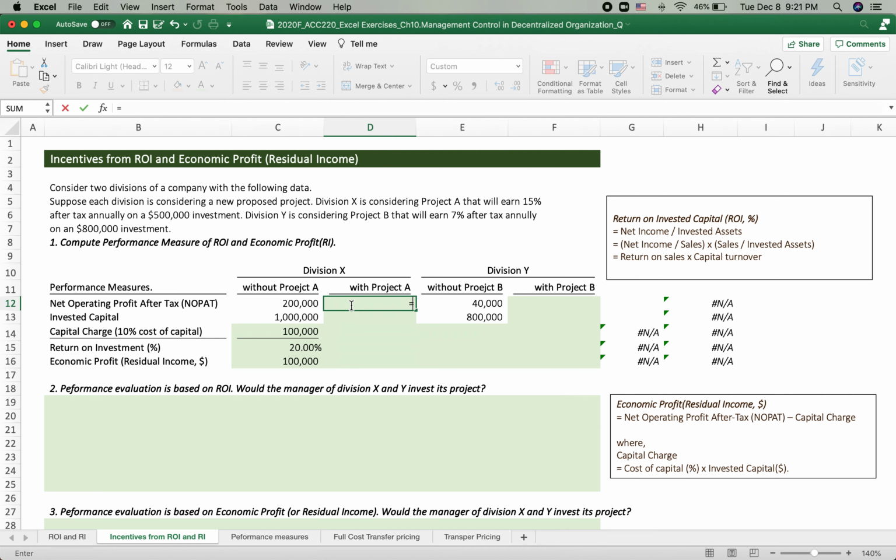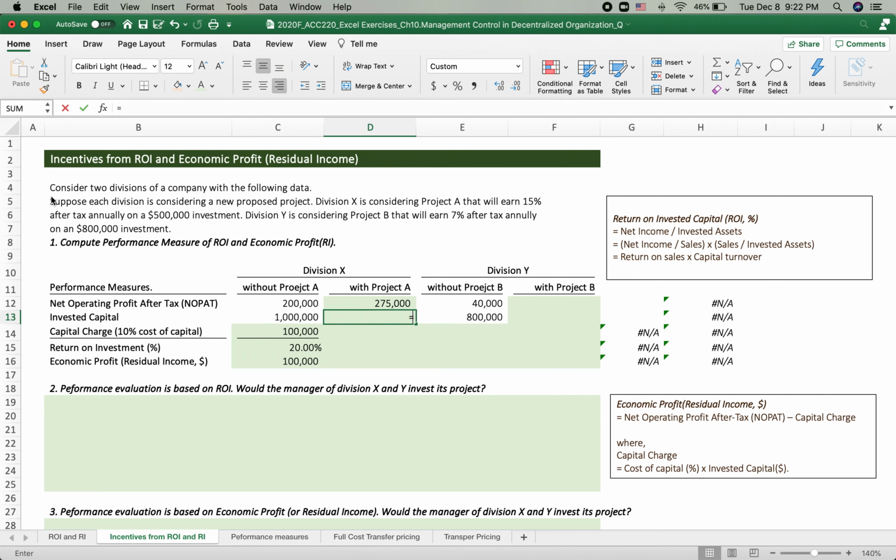Then we want to adjust this without project A. How do you get it? 200,000 plus, now we have a new project, the $500,000 for the division X. So 500,000 times 15%, which is after tax. So we get the net operating profit after tax. Okay. So 275,000 is the new net operating profit after tax.